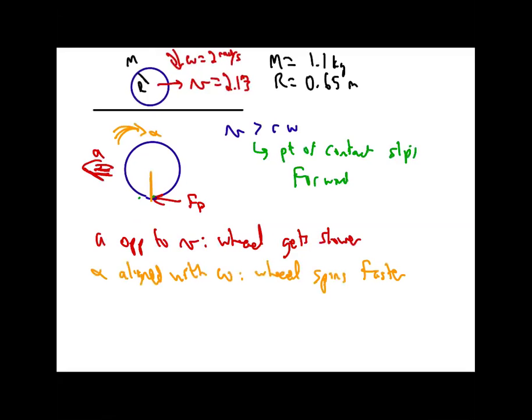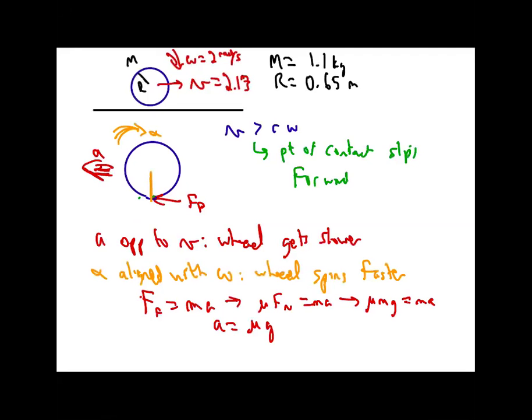And we could find both of these things by saying that the frictional force equals the mass times the acceleration, which means that mu times the normal force equals the mass times the acceleration, but the normal force is just mg. And so A is just mu times g, which happens a lot actually for things that slide.